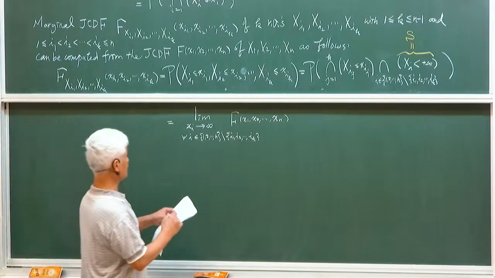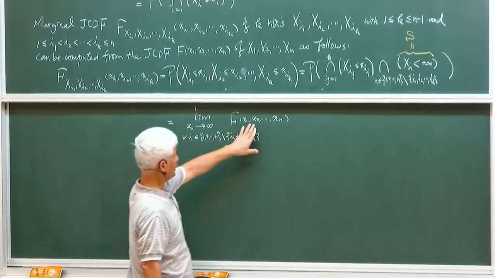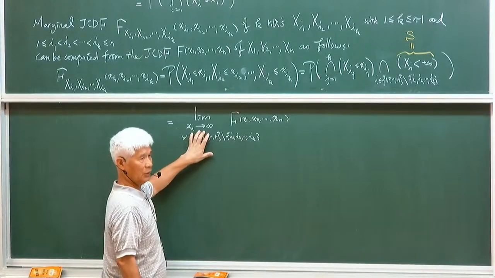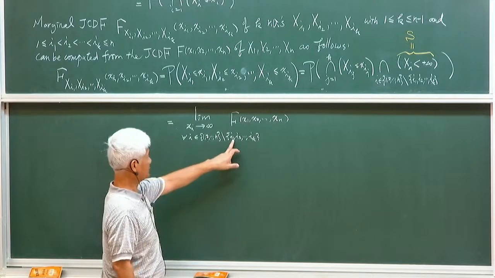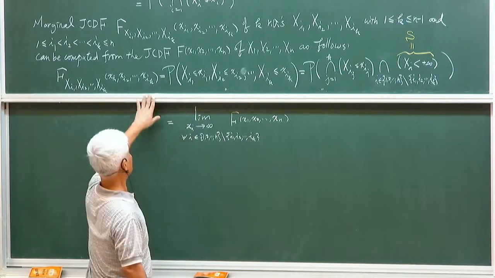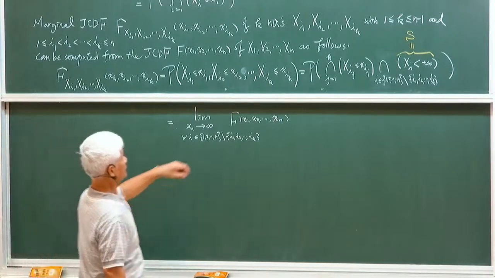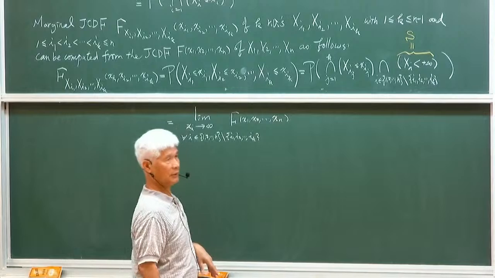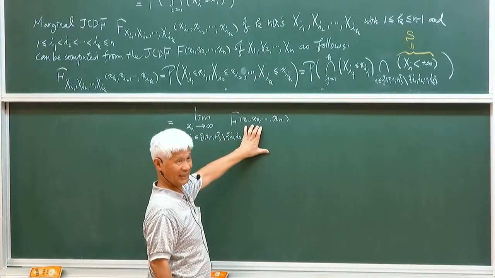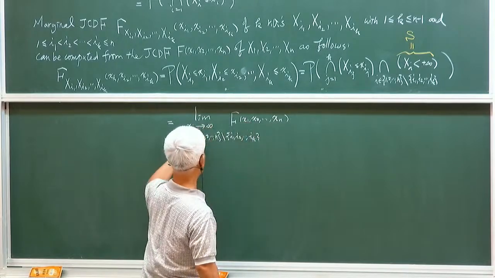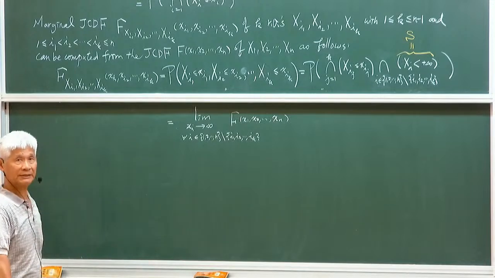Okay, so by taking multiple limits, for the arguments x sub i going to infinity for all indices i not in this set, you can see the marginal joint CDF of k out of n random variables can be computed from the joint CDF of n random variables by taking this limit. Any questions?